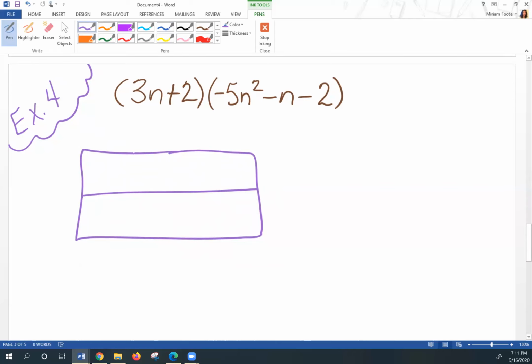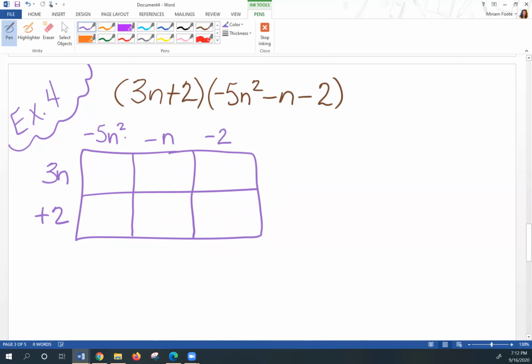But I'm going to go ahead and do 3 columns instead. But it really is up to you. So 3n plus 2. And then I take each one of these terms and I place it over a column. Negative 5n squared minus n minus 2.